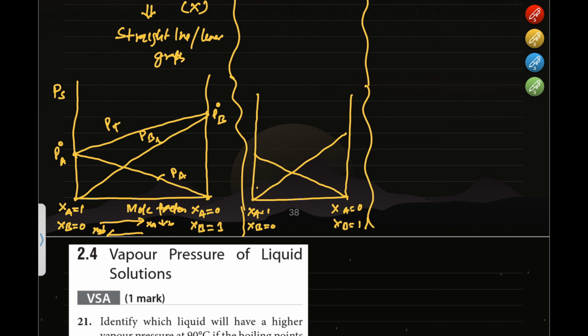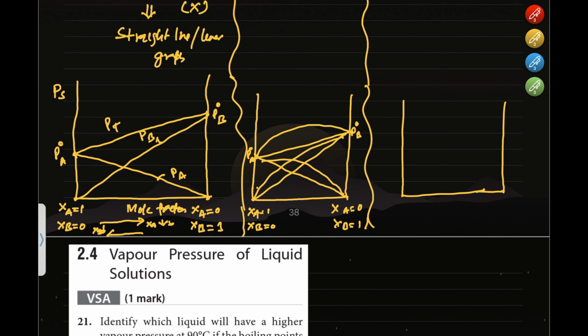First we draw a graph for the ideal solution, with p naught A and p naught B. Then we draw a graph for positive deviation. In positive deviation, all these lines bend up like this. Positive deviation graphs look like this, and negative deviation graphs look like this.